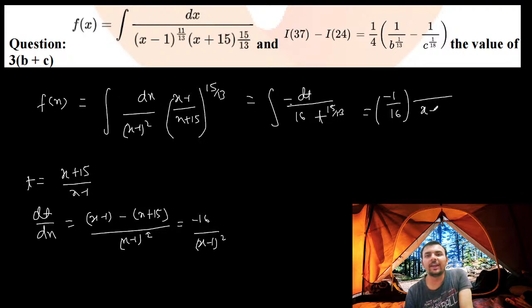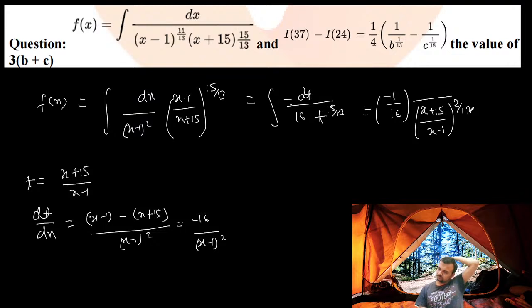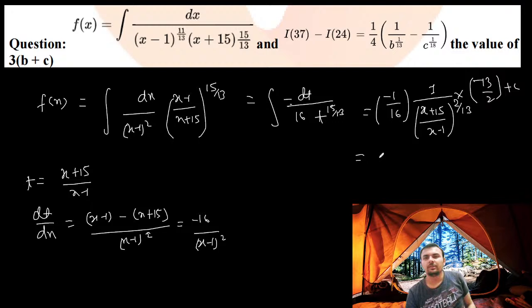So x plus 15, x minus 1 is 2 by 13, and it is minus 2 by 13, which is minus 13 by 2, plus c. This is in multiplication, and this is 1. It is 13 by 32, x minus 1, x plus 15 to the power 2 by 13 plus c.